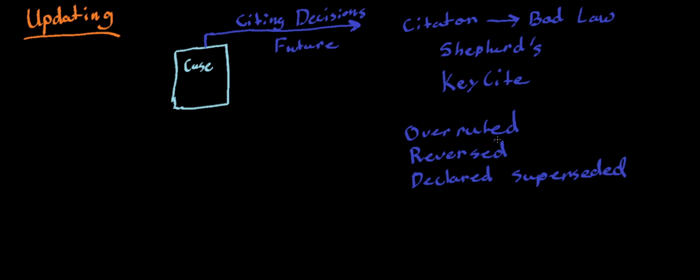So this is frankly a challenging thing to do manually, because it would require you to individually look through each of the cases that have cited the case that you're looking at, and reading each of those decisions to see if any of them have stated that the case has been overruled, reversed, or superseded.